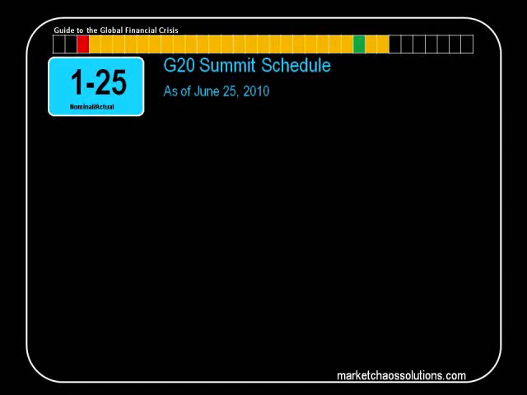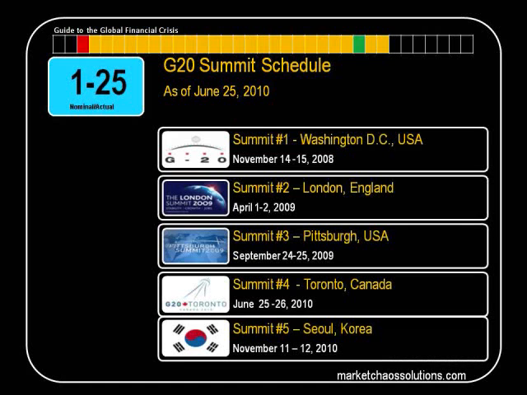A quick overview of the monetary reform process. Summit number 1 was in Washington, D.C. on November 14th and 15th of 2008. Summit number 2 was in London, England, April 1st and 2nd, 2009. Summit number 3 was Pittsburgh, USA, September 24th through the 25th, 2009.